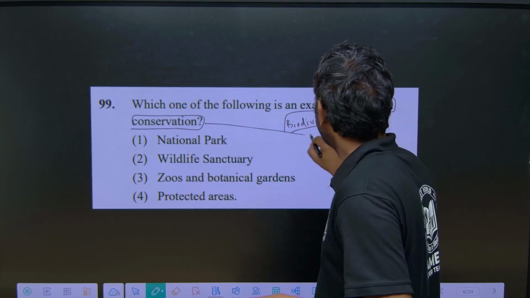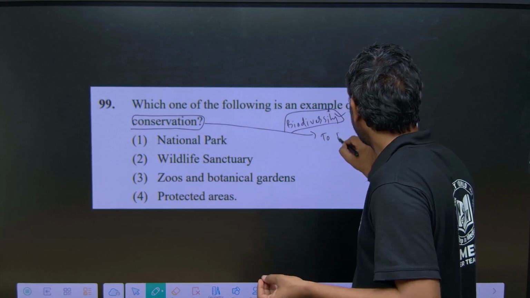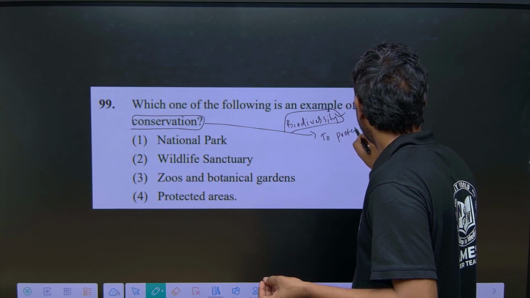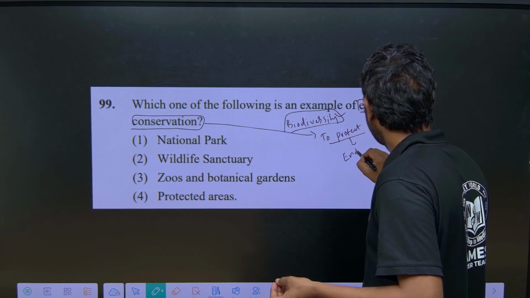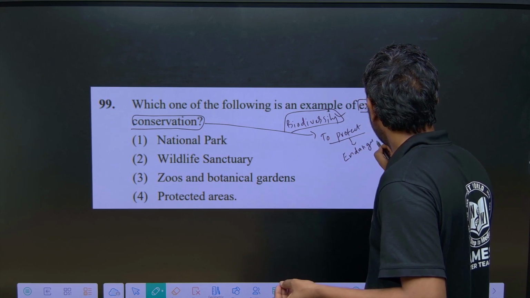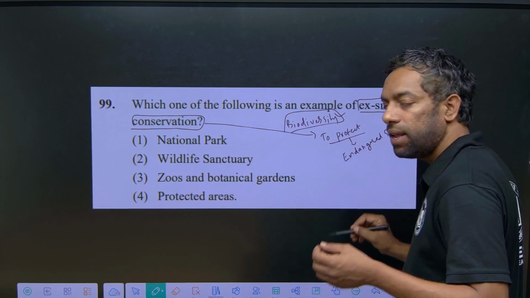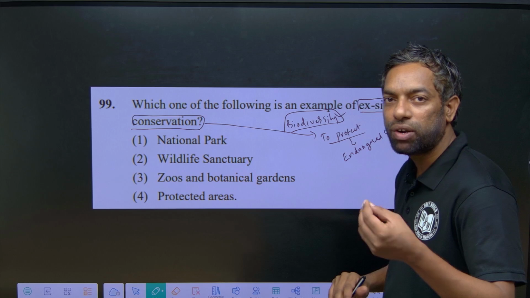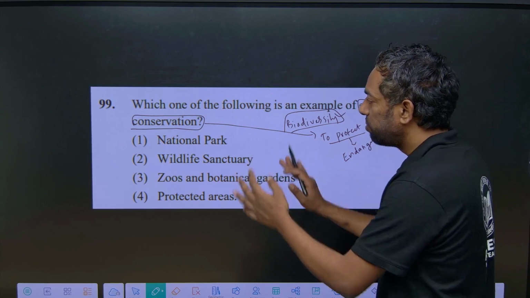Conservation means to protect endangered species. The species that are threatened or endangered, we can protect through these methods.